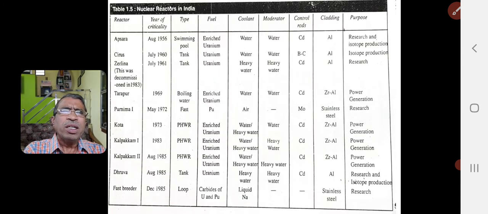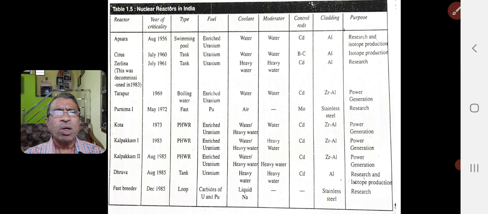These are the nuclear reactors in India, which include both research reactors and power reactors. For the first time in India, in 1956, a research reactor was developed at the Bhabha Atomic Research Center, Mumbai, and they called that reactor Apsara.